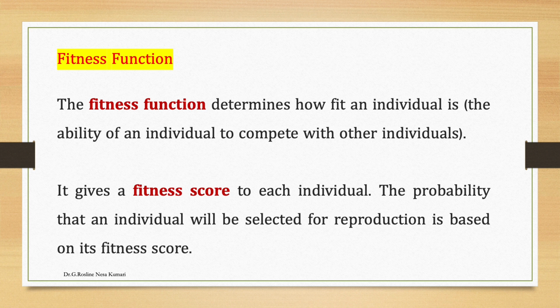A fitness function, simply defined, is a function which takes the solution as input and produces the suitability of the solution as the output. In some cases, the fitness function and the objective function may be the same, while in others it may be different based on the problem.